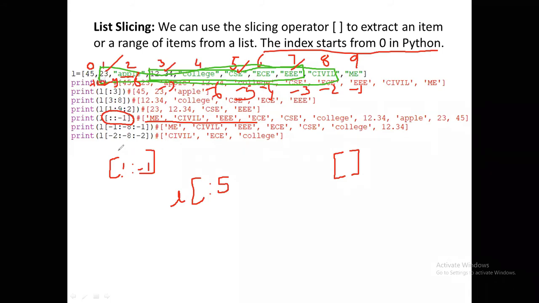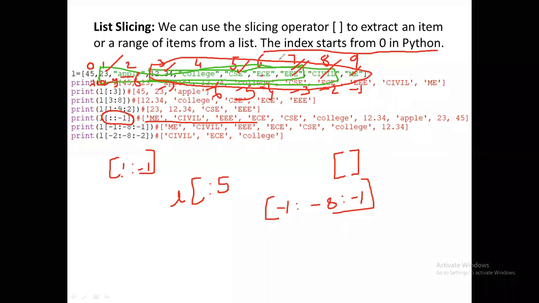Now if I give the slicing operator like this, -1 to -8, and step is -1, that means it displays up to 12.34. So this is -1, -2, -3, -4, -5, -6, and -7.